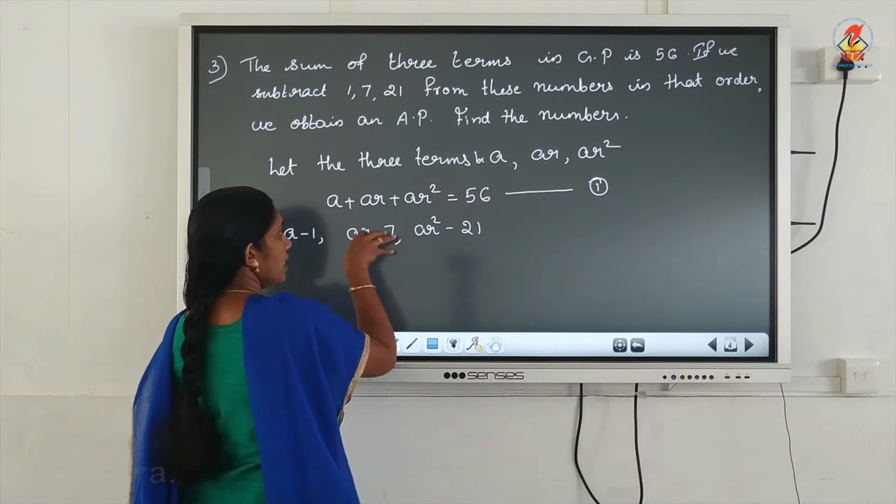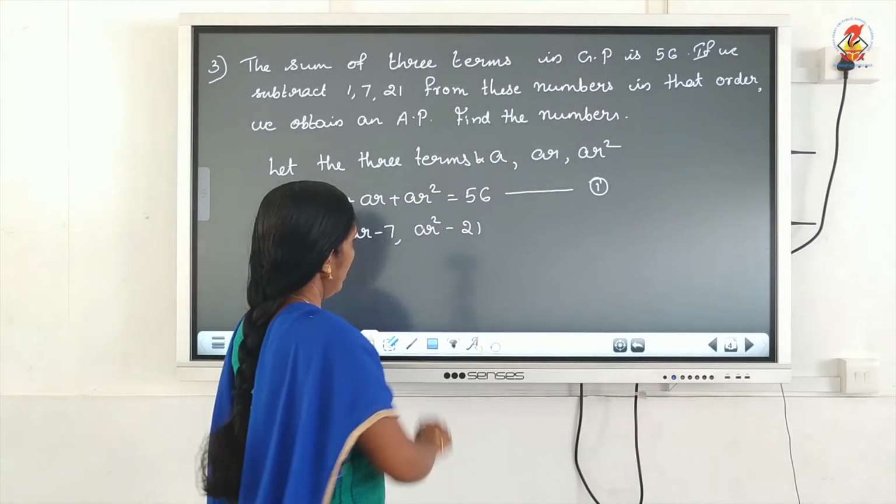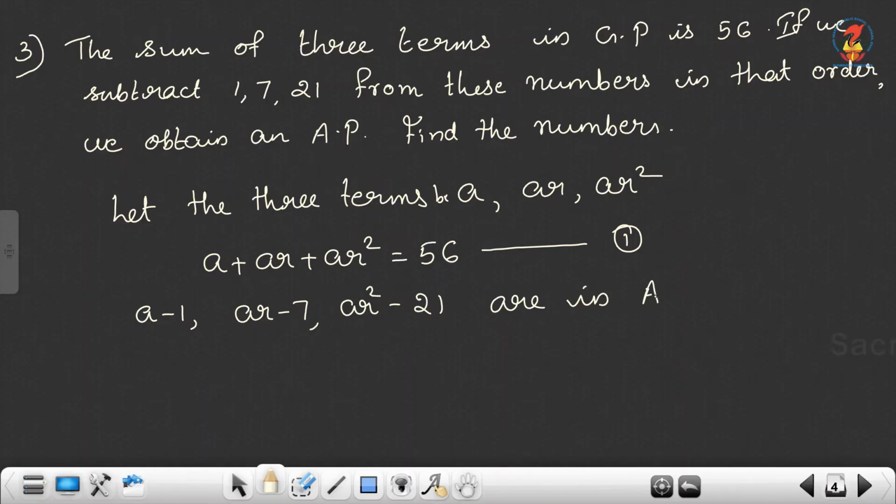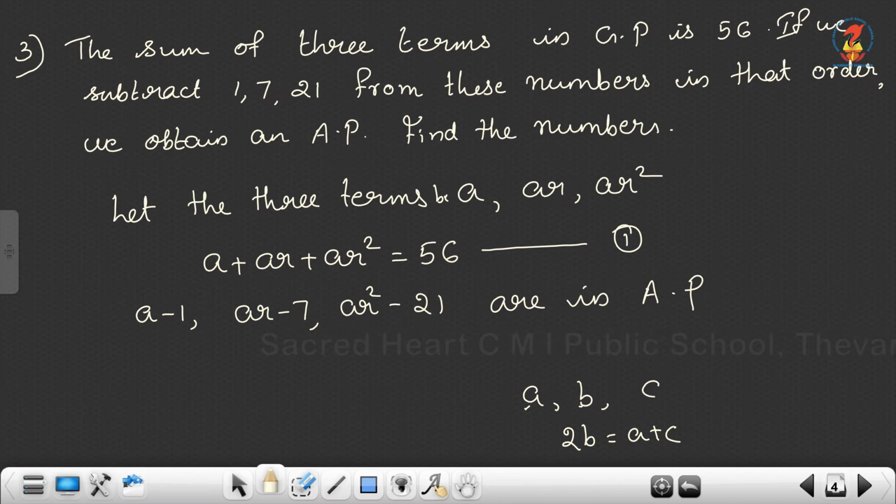So these 3 numbers are in AP. If a, b, c are in AP, then b minus a is same as c minus b, or we can write 2b is equal to a plus c. That is the condition.